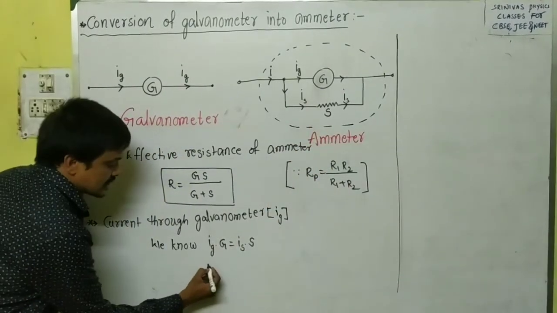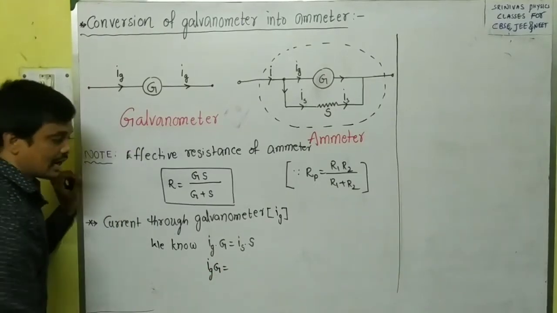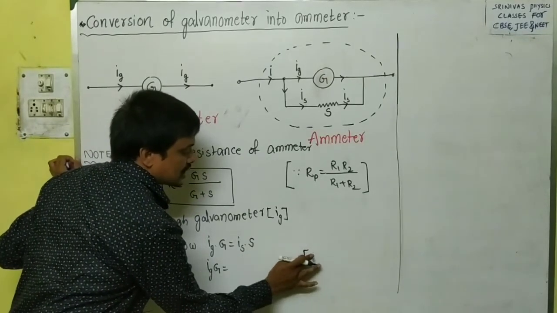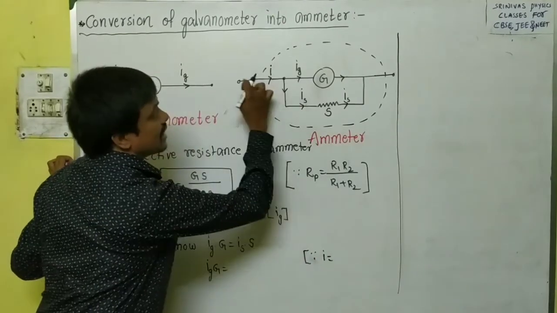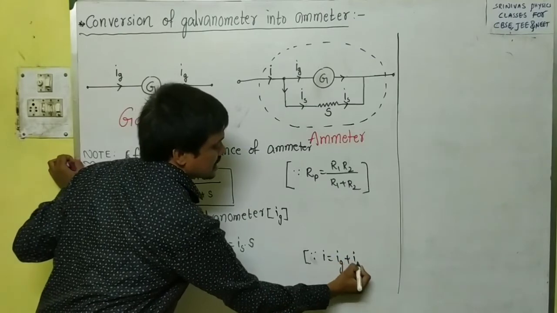First I write this Ig G is equal to Is S. We know that the total current is the sum of currents. I is equal to the entering current, Ig plus Is.